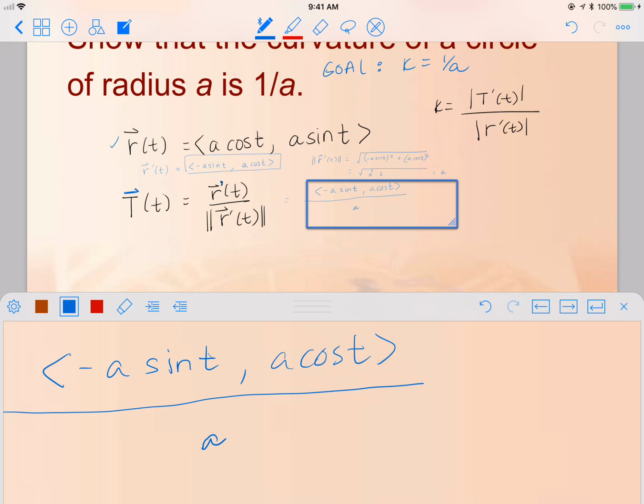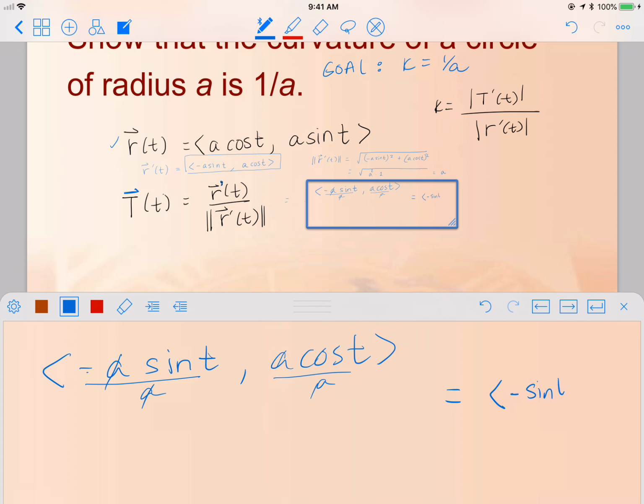Now remember, if we are dividing by a, that means our first component is going to be negative a sine t over a, and our second component is going to be a cosine t over a. Does that make sense? Okay, so then here we'll have just negative sine t, and here we'll have cosine t.